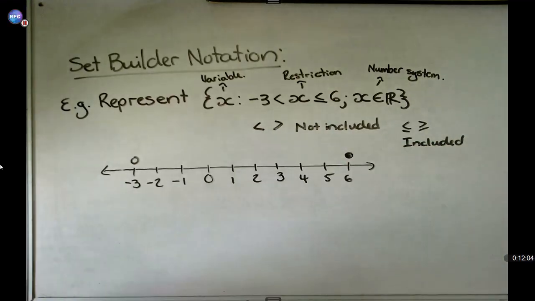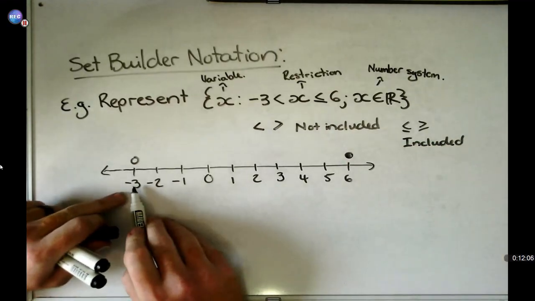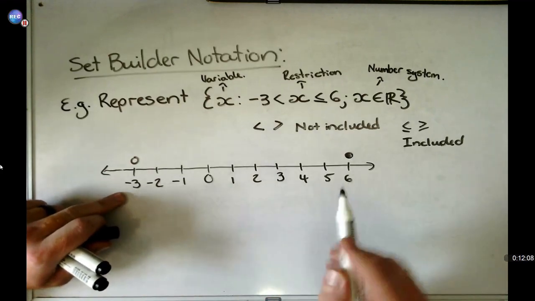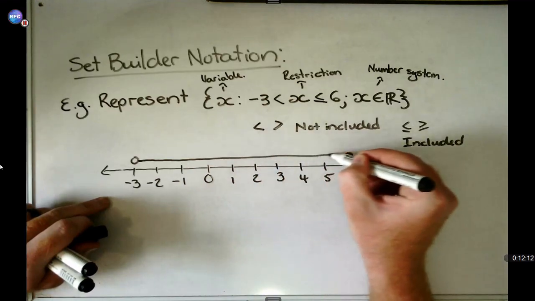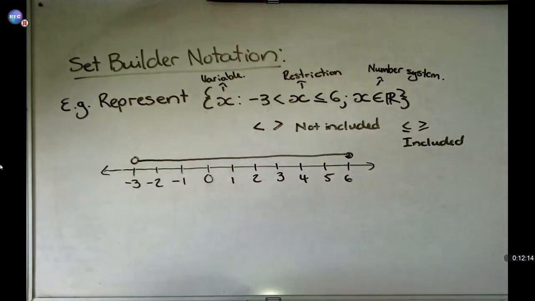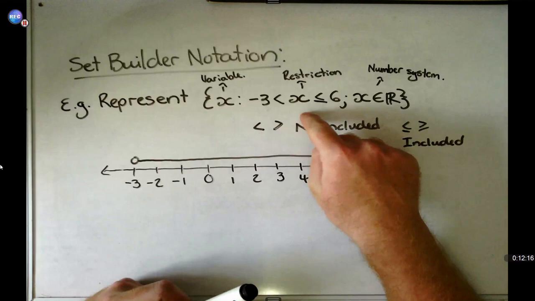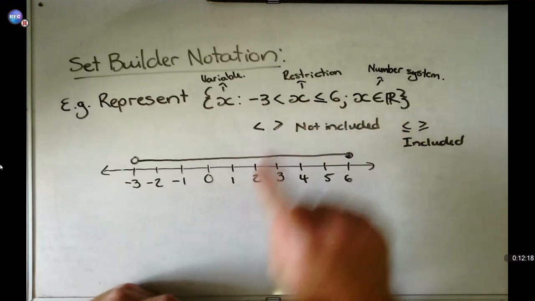And there we go. Now, because it runs from -3 all the way to 6, you need to connect these dots with your ruler and a pencil. And there you've represented the set builder notation on a number line.